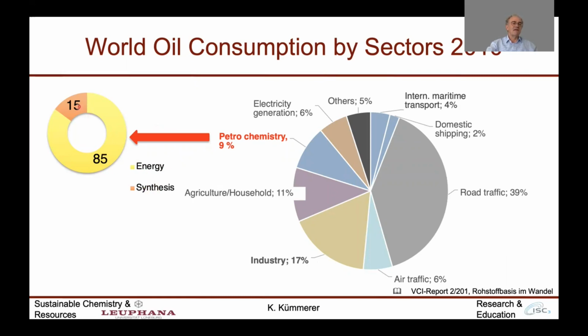Only 15% here is used for synthesis, using the carbon as a chemical resource, not an energetic resource. So coming back to which synthesis is perhaps better, starting with renewable materials for polyethylene, polypropylene, maybe at least these we should in the future synthesize by using fossil resources. We should not mix up incineration, combustion of fossil resources, setting free carbon dioxide, and using them in products where there is no setting free of carbon dioxide.